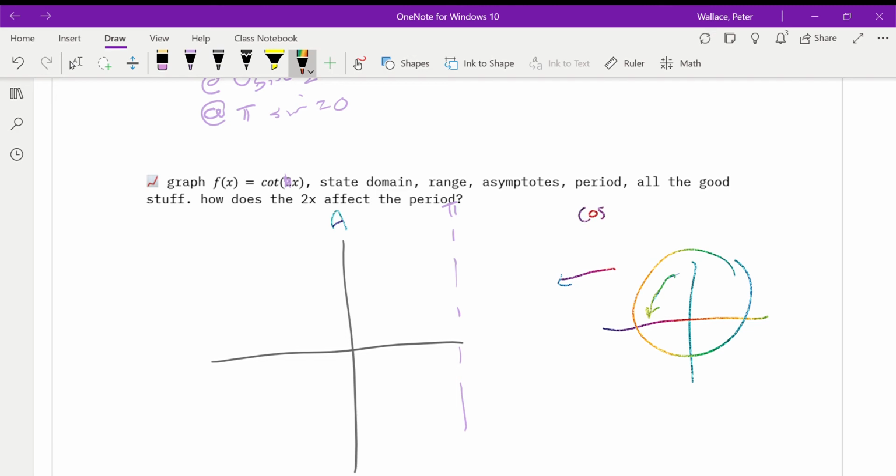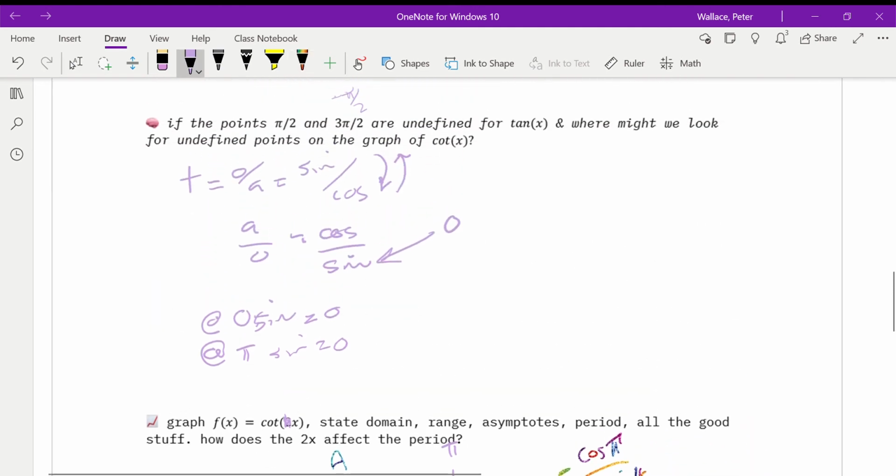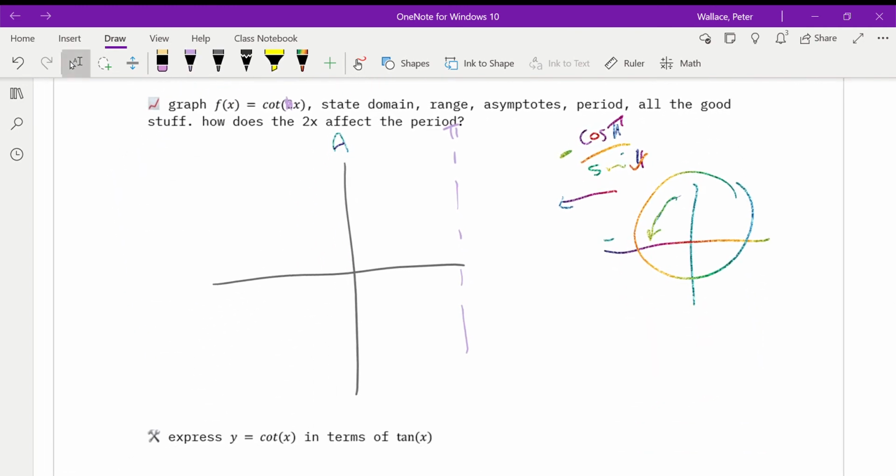So we have cosine getting big over sine getting small, and we know that our cosine is getting big in the negative direction, right? Because we're on this left side of the unit circle, on the negative side. So we have a negative over a positive. So the magnitude is getting big, but in a negative direction. So we've got something getting big in the negative direction over here.